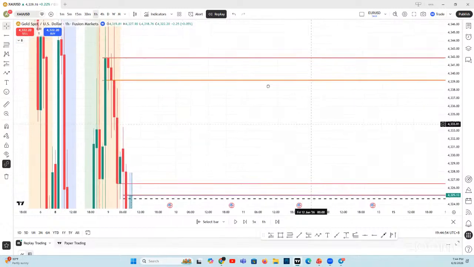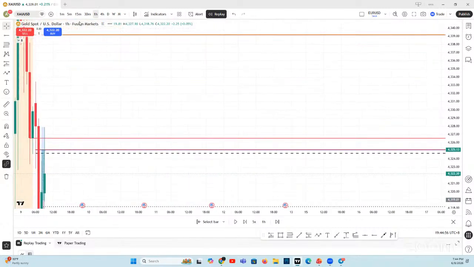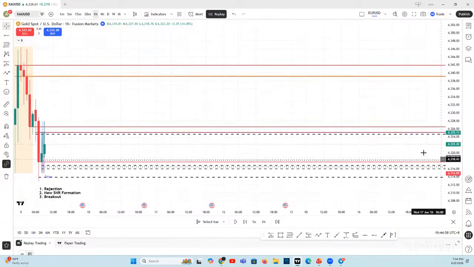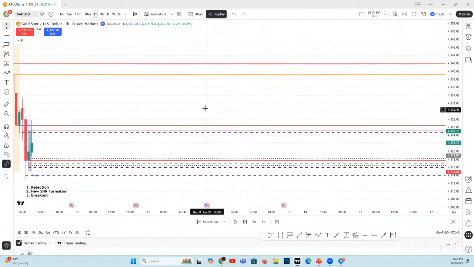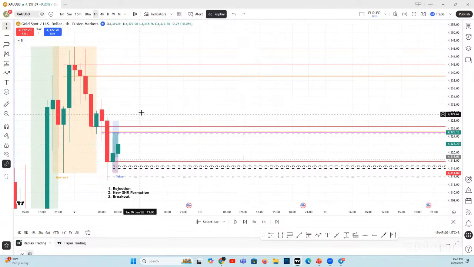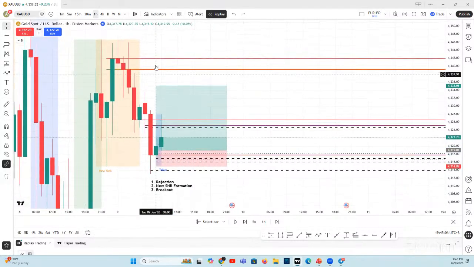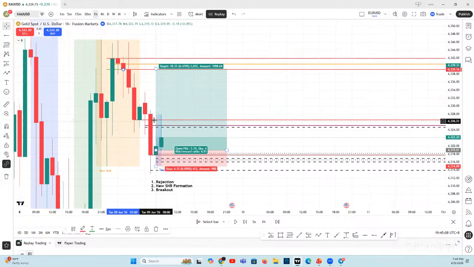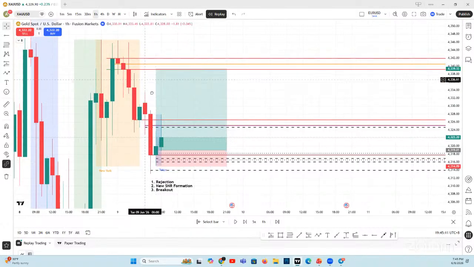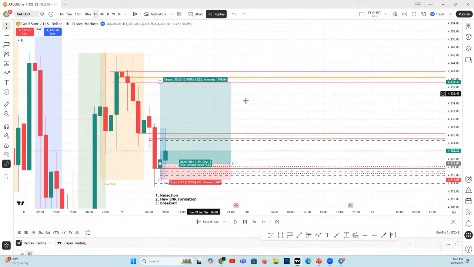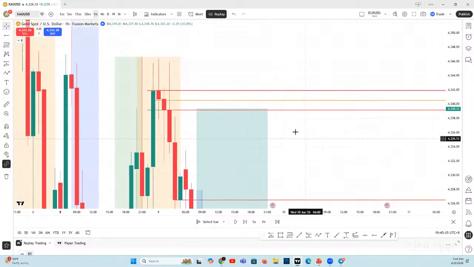Okay, there. So I said possible TP is 4342 because of H1 to H1. Yes, there is a roadblock here. Okay, guys, there is a roadblock.